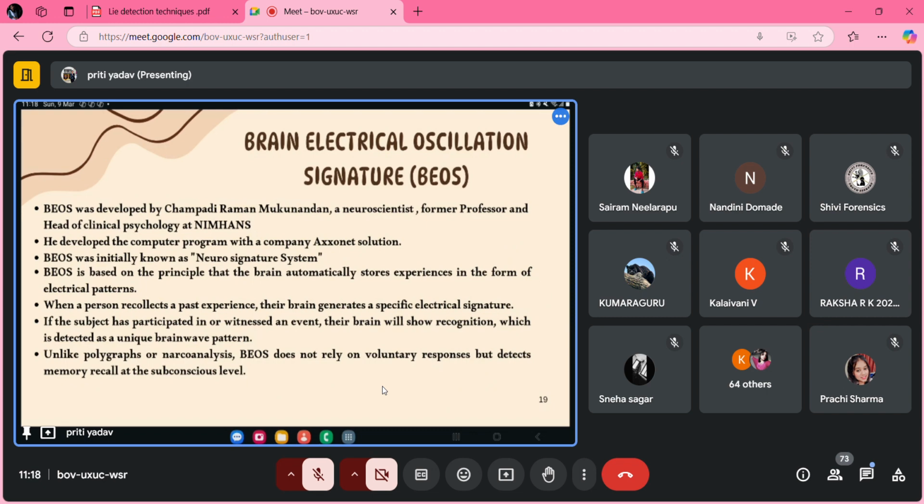BEOS, brain electrical oscillation signature, is another advanced technique that detects memory recall at the subconscious level. It was developed by Indian neuroscientist C.R. Mukundan.